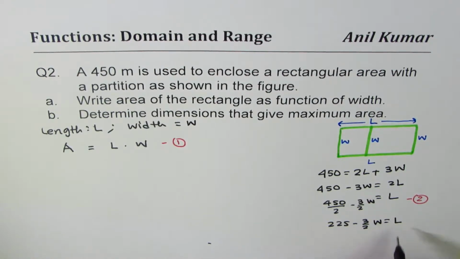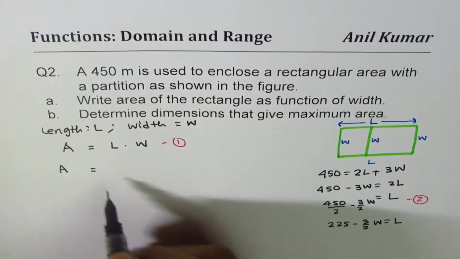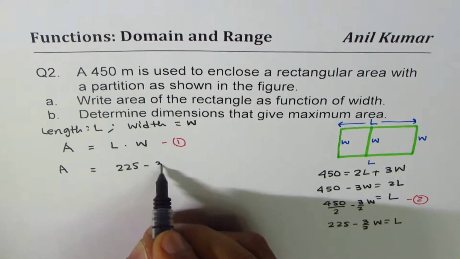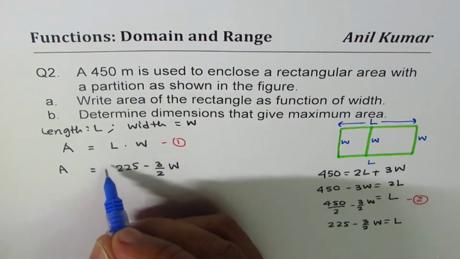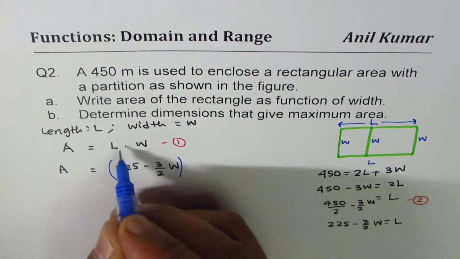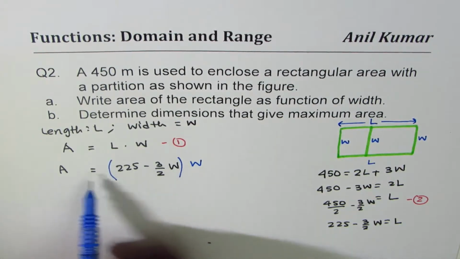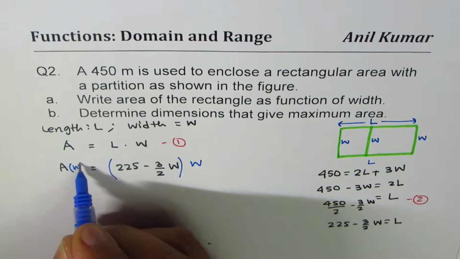So area now we get as equals to 225 minus 3 over 2 W, and that is the length part, times width. Now as you can see, everything is in W. So we can write this as area as a function of width.